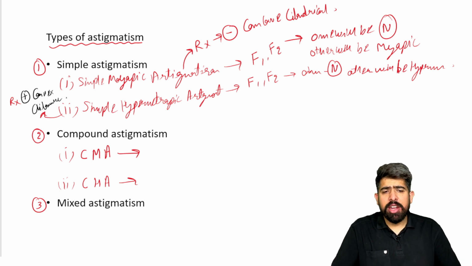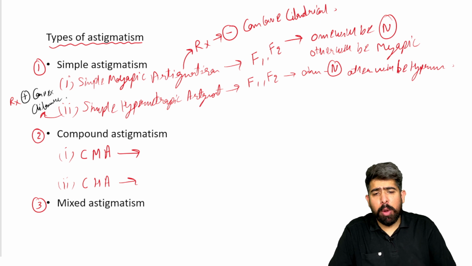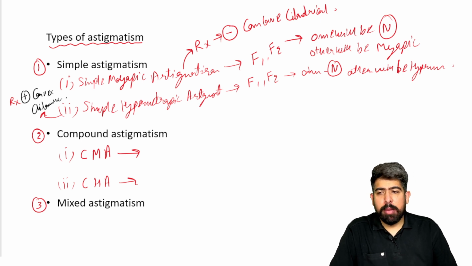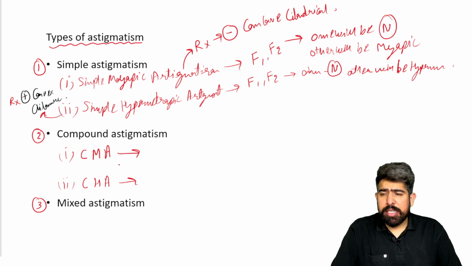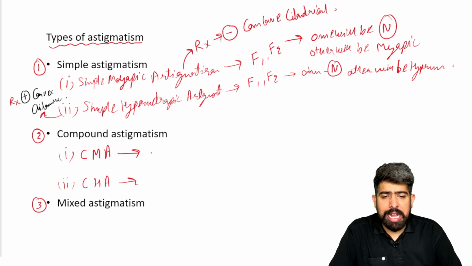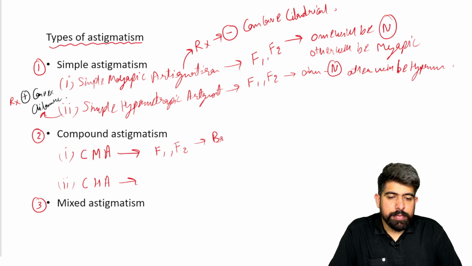Okay. Now, as you understand the simple one, moving forward to the compound one. What is happening in the compound myopic astigmatism? In compound myopic astigmatism, again there will be two focus points, f1 and f2. Both will be myopic.